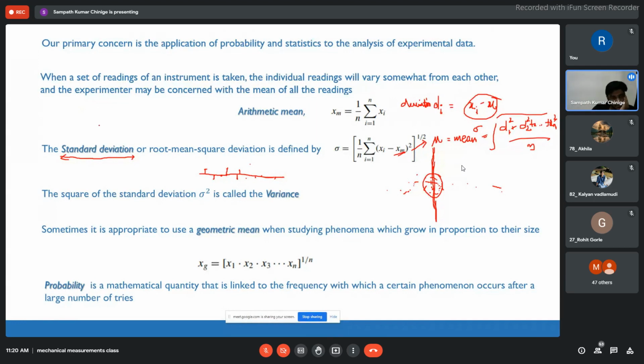I will get x1 to x80, the number of students, each one's marks from 35 to somewhere around 90. I will get all these marks, take the mean of these values and find the standard deviation. So the mean is, for example, 75, and my standard deviation is, suppose, plus or minus 9.